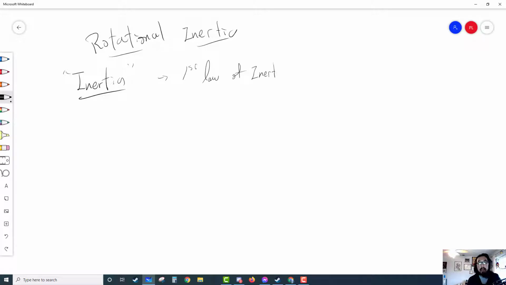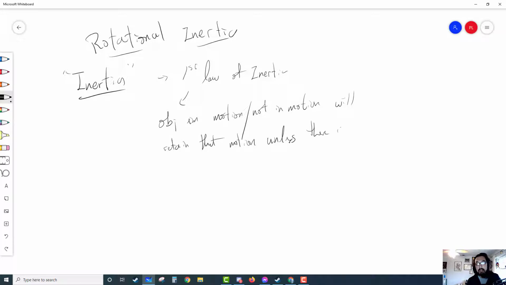If you remember, the first law states that an object in motion, or an object at rest, will retain that motion unless there is an outside force.